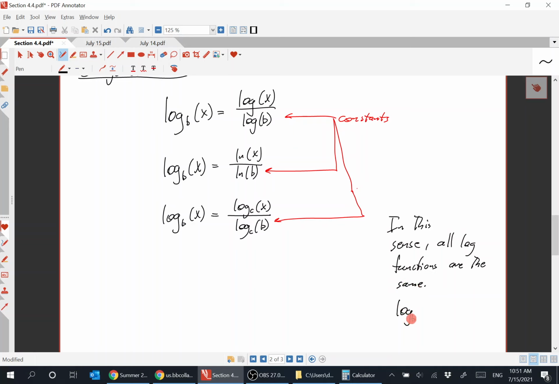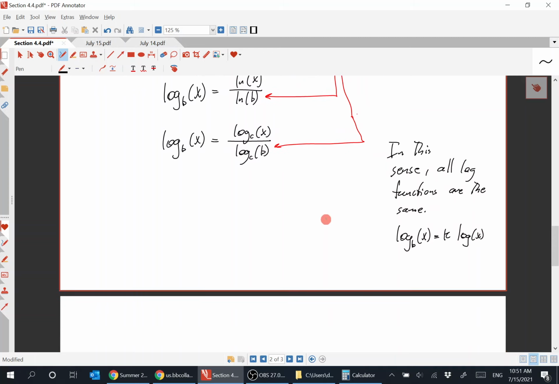The log base b of x is equal to k times the log of x, for a constant k. So they're really not much different from each other.